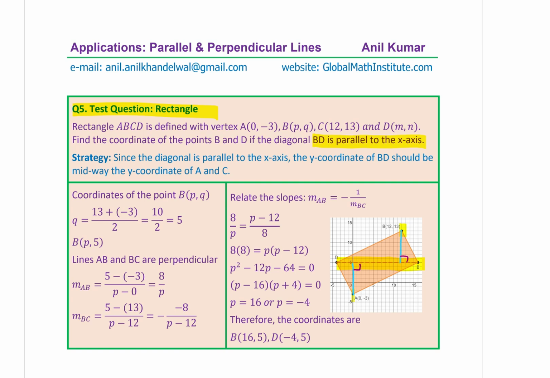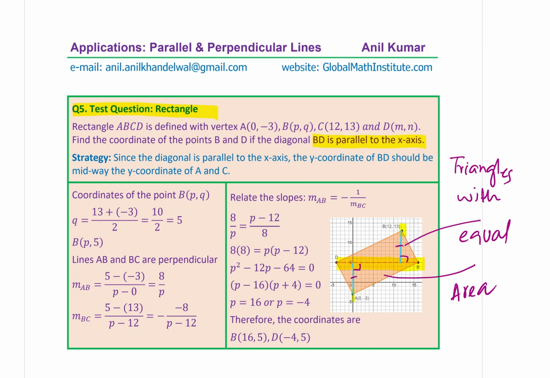this diagonal actually divides the rectangle into two triangles, right? These are two triangles with equal area. That means the lengths of the altitudes are the same, and that means that the diagonal must be in between the two y values.